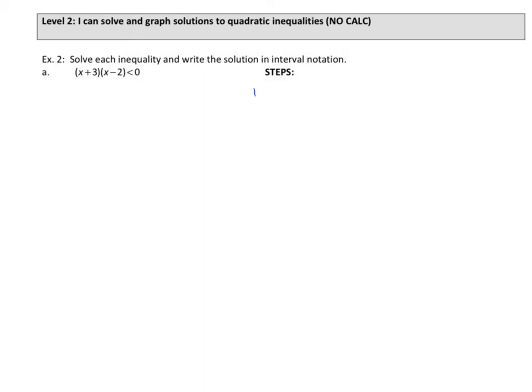The first step is to get 0 on one side. The second step is to get your polynomial in factored form.